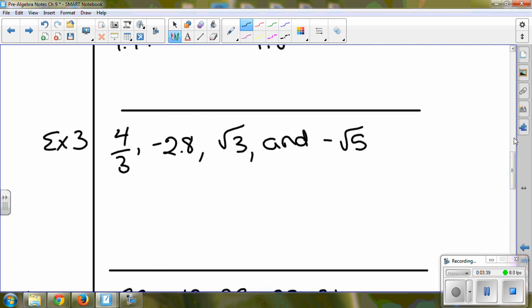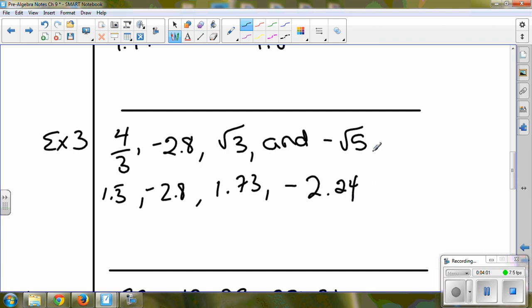Example 3, it wants us to put these in order. So 4 divided by 3, 1.3 repeating. We have the negative 2.8. Square root of 3 is 1.73, and negative square root of 5 will be negative 2.24.